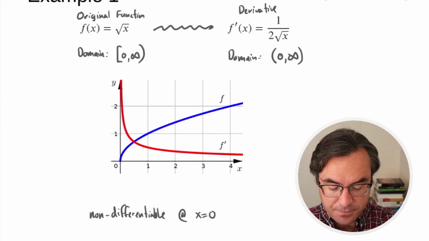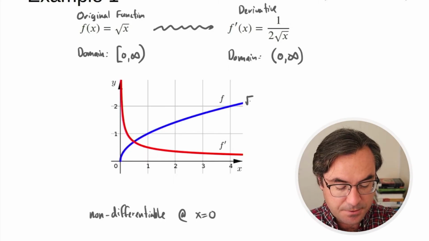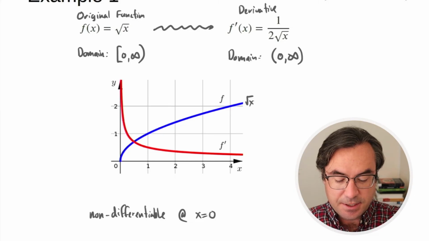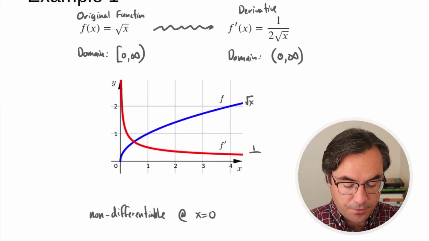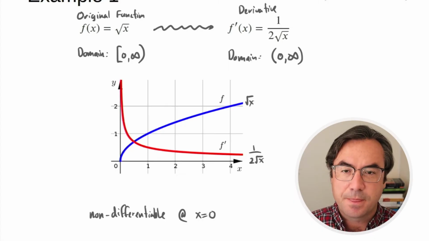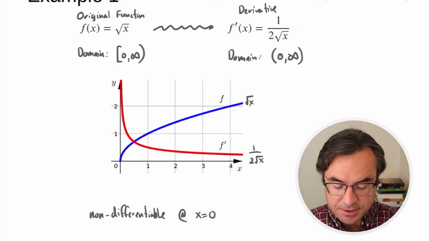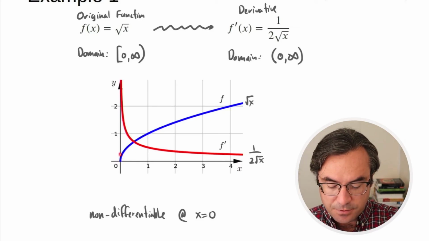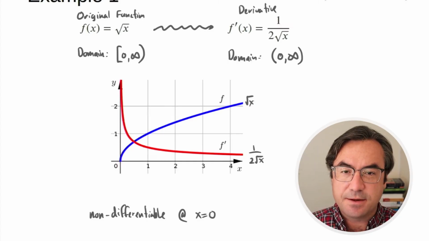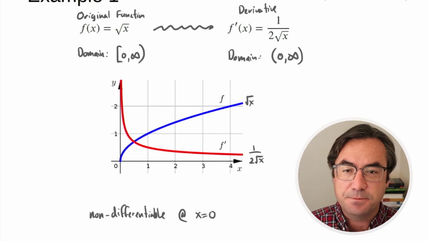And let's kind of graphically look at what's going on. So this is the original function f, so this is square root x. And here is its derivative, so this is 1 over 2 square root x. And so what we see is that right at x equals 0, remember we want to think of f prime as the slope of our function.